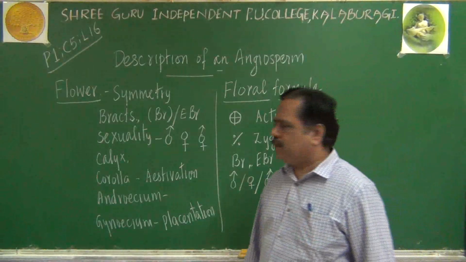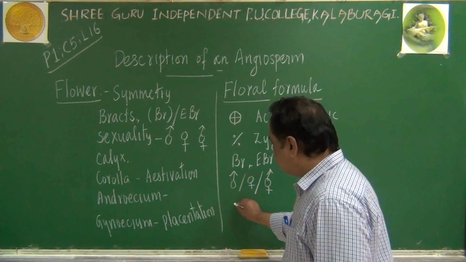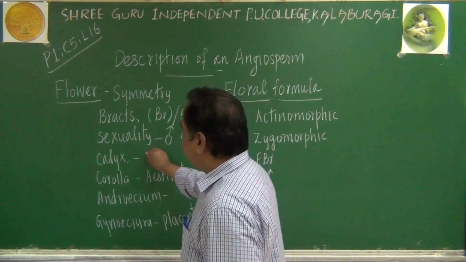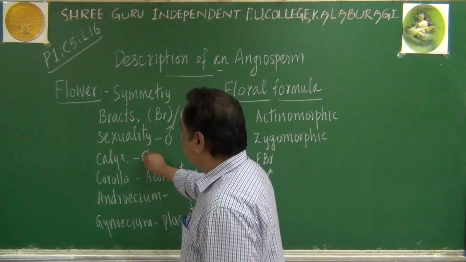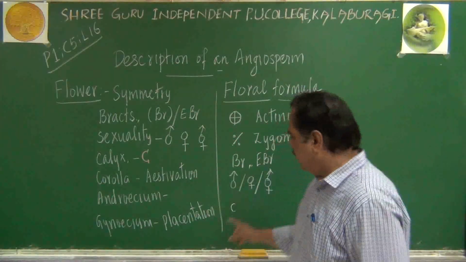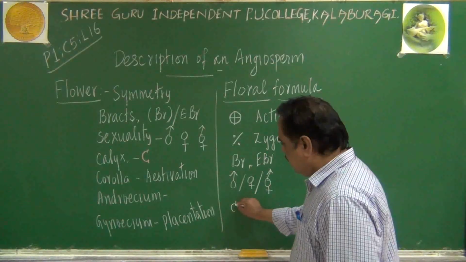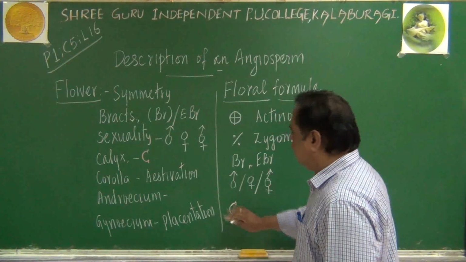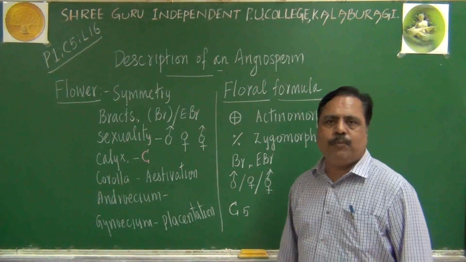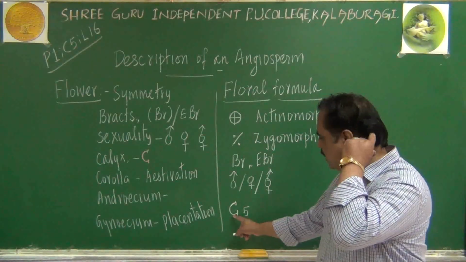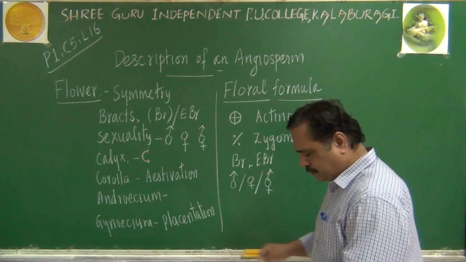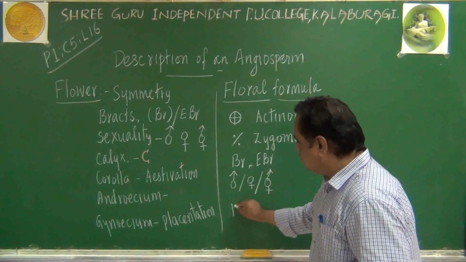For calyx, we use the symbol C. Calyx is represented with a symbol called C, remember. Now remember, in this C, if I put a numerical 5, it indicates... I'm sorry, one minute, for calyx we use the symbol K here.